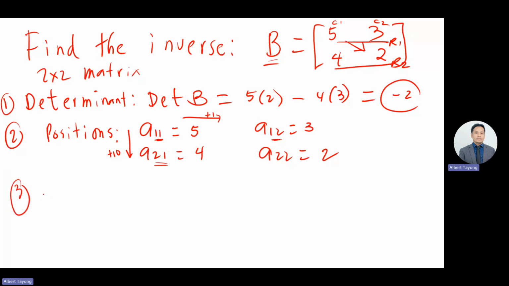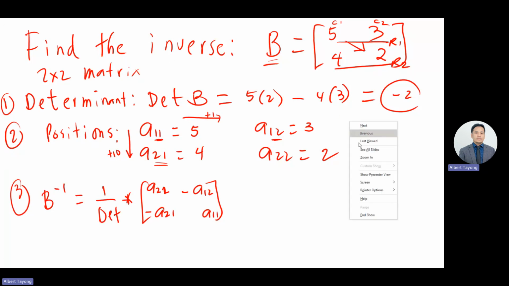And the third, of course, is to write the formula. 1 over that, multiply. So here we have to tweak a little bit. We have to start with 22, sorry, then we have 21, then we have 12 and 11. And these two should be negative.